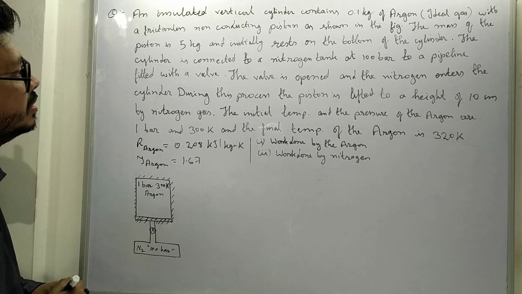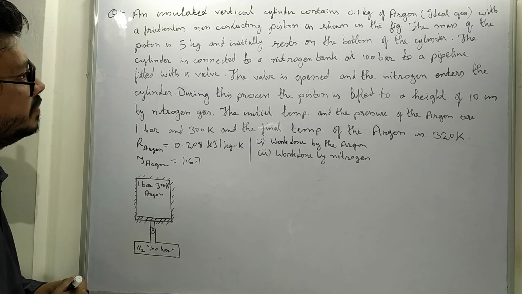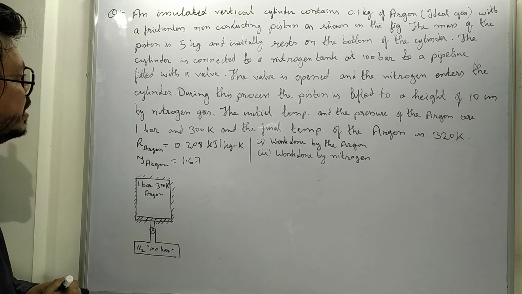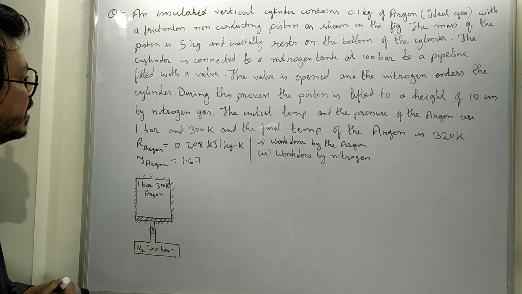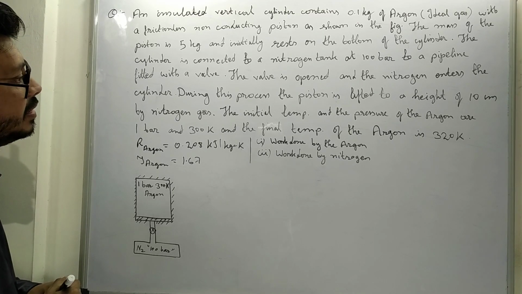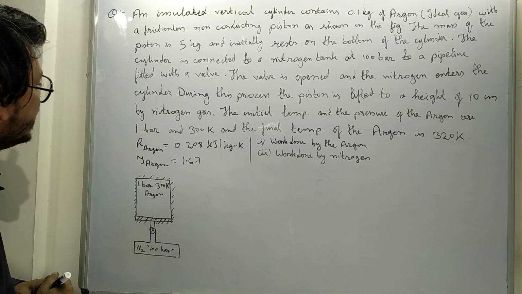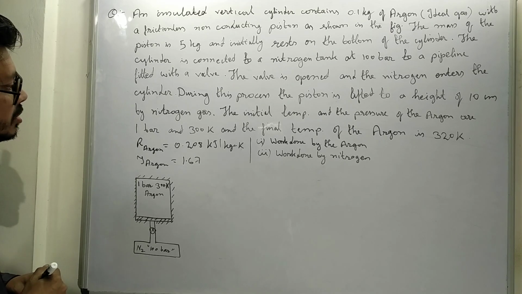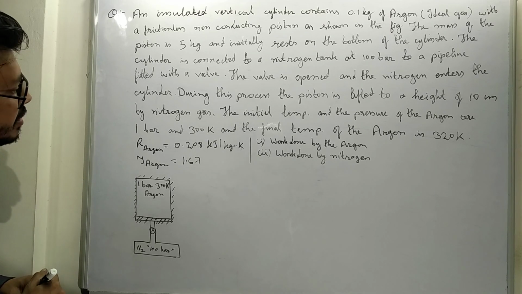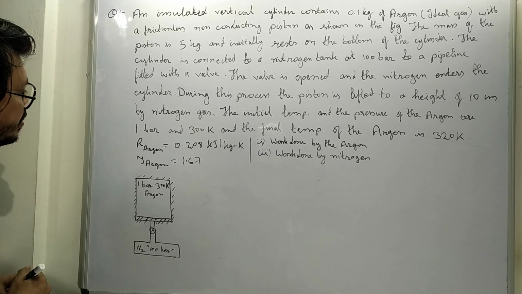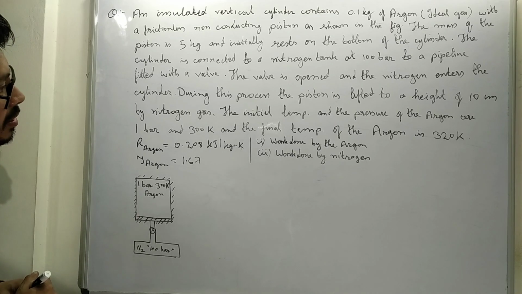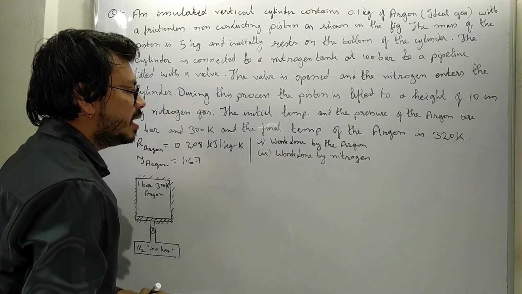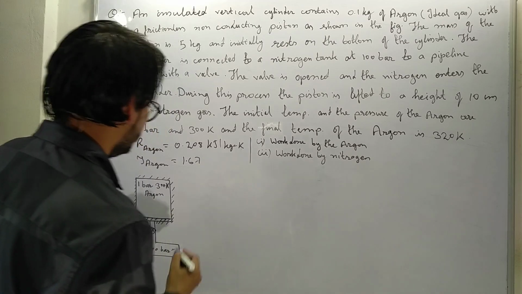During this process, the piston is lifted to a height of 10 cm by the nitrogen gas. The initial pressure and temperature of the argon are 1 bar and 300 Kelvin, and the final temperature of the argon is 320 Kelvin. The gas constant of argon, R, is 0.208 kilojoule per kg Kelvin and gamma of argon is 1.67. We have to find the work done by the argon and the work done by the nitrogen.